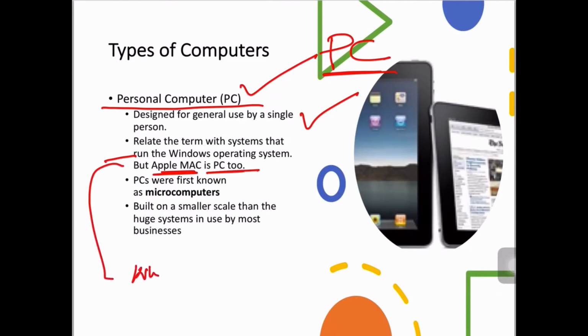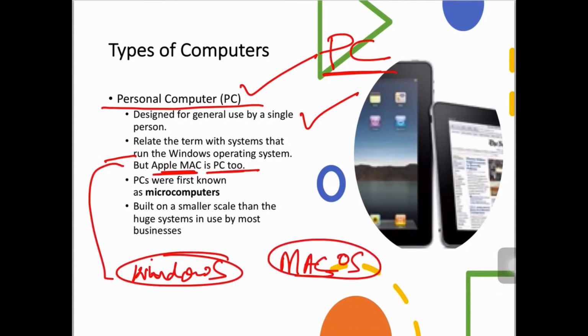Windows is software, and Mac OS, operating system, are two different software. This is the hardware part, and the hardware part we can generally call a PC, personal computer.